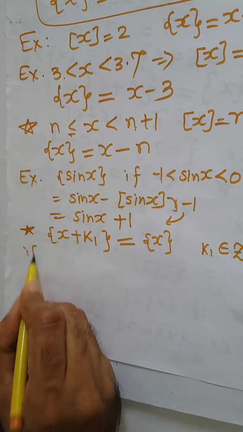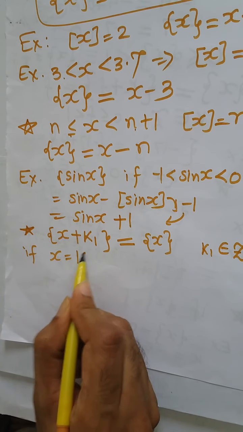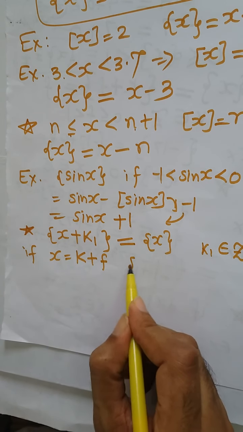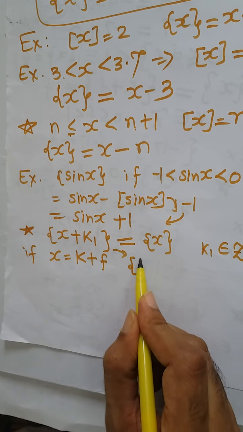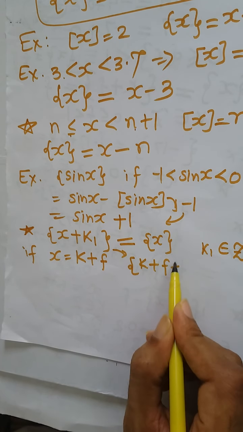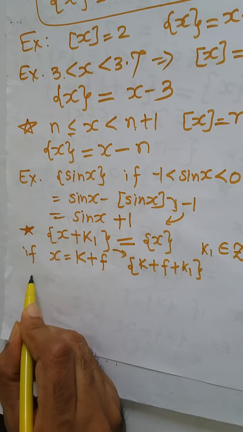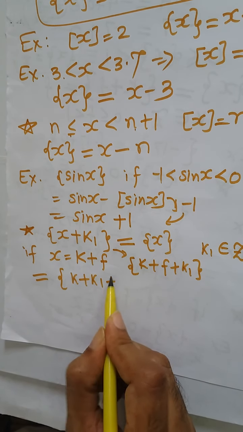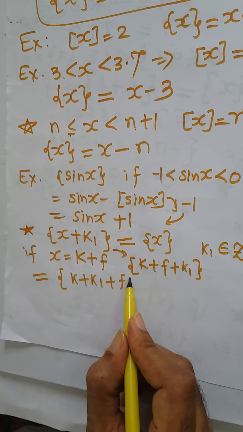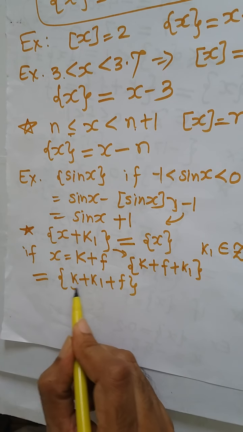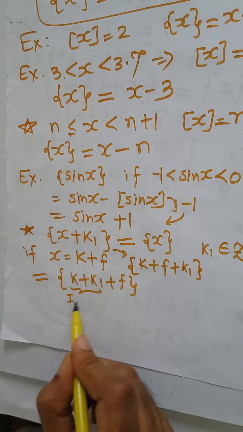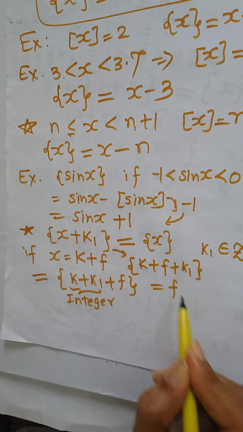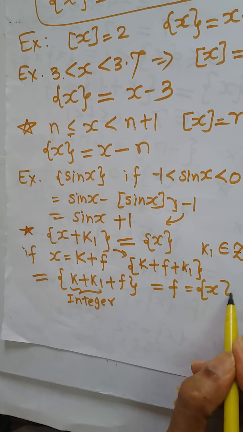Why? Because let's say x is equal to some integer k plus f, then x plus k1 is replaced by k plus f plus k1, which we can rewrite as k plus k1 plus f. K plus k1 is an integer, because integer plus integer is an integer, so this gives you f, and f is fractional x only.